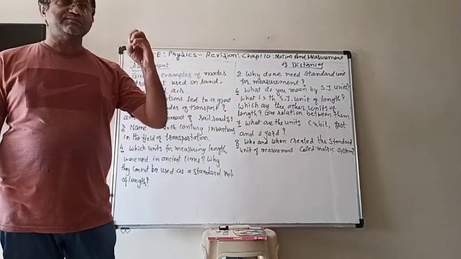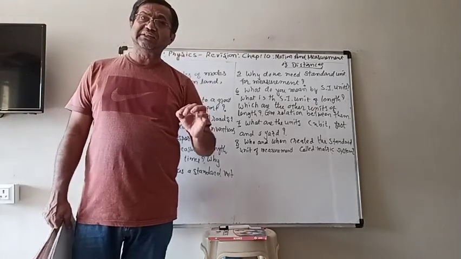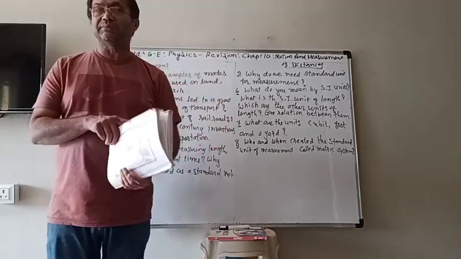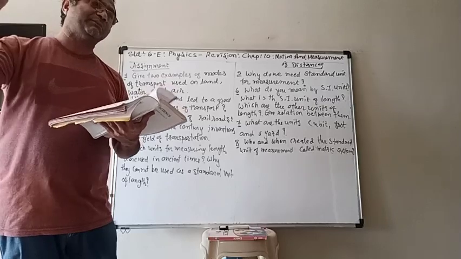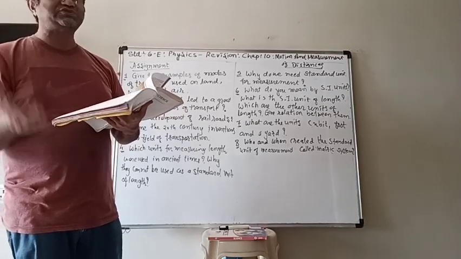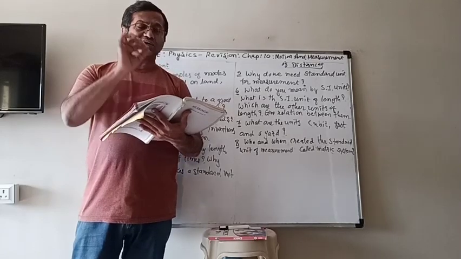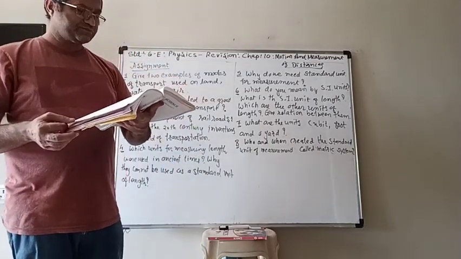It means that if you use it anywhere, the length or other measurement will be the same for everybody. Doesn't matter whether a small child or a big person measures with those devices and the standard unit, the answer will be the same.